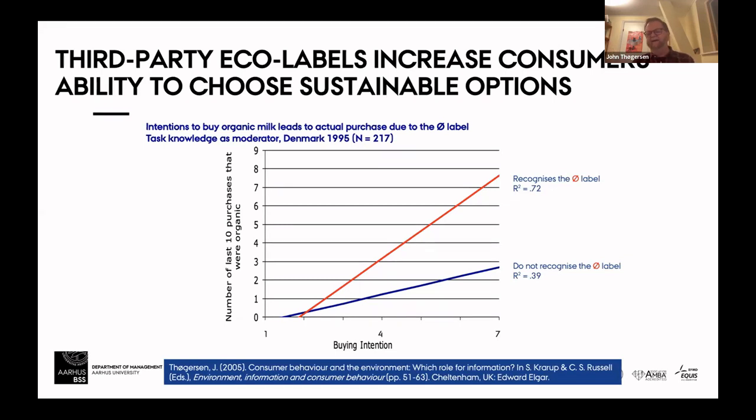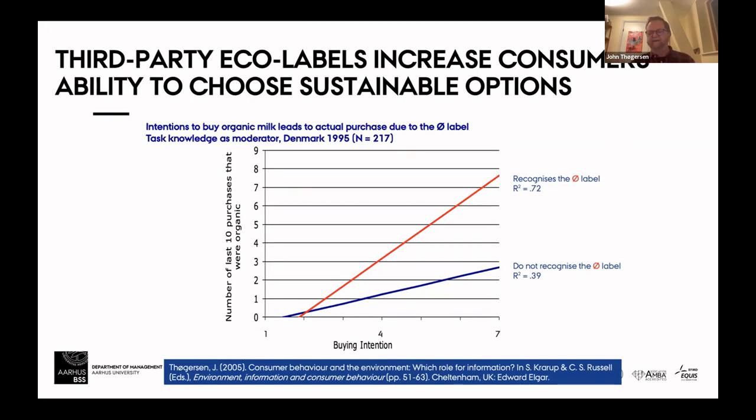But we did a study in my research group in 1995, where we investigated the effectiveness of this label to transform consumer buying intentions into buying behavior, to bridge the intention-behavior gap. I had a grad student who was a very good designer, and he designed two fake organic labels, or two designs that could be the correct one but weren't.